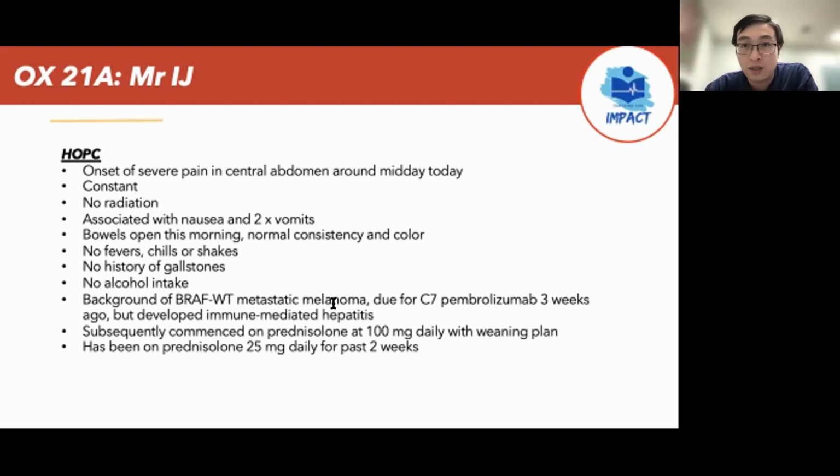With pembrolizumab, the effect is that it activates T cells everywhere. So the most common side effect is you can get autoimmune inflammation everywhere.